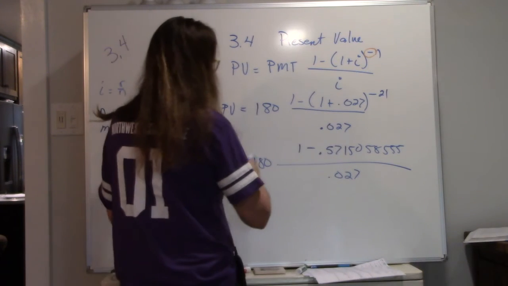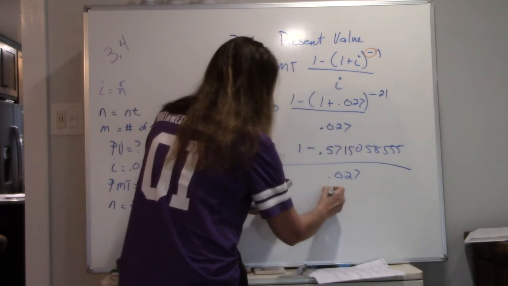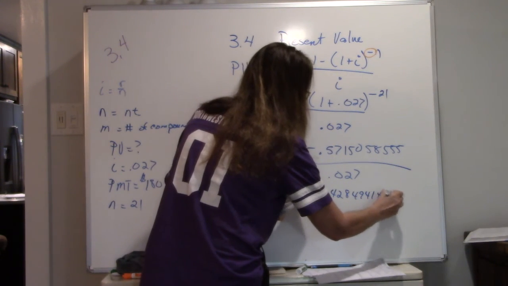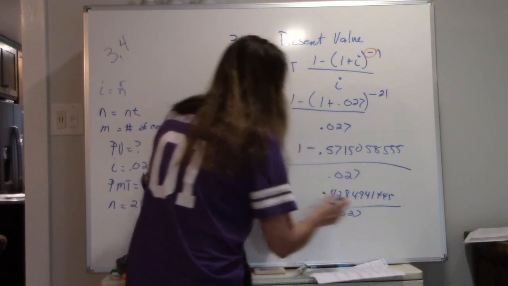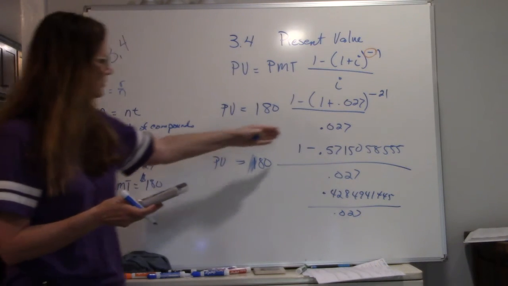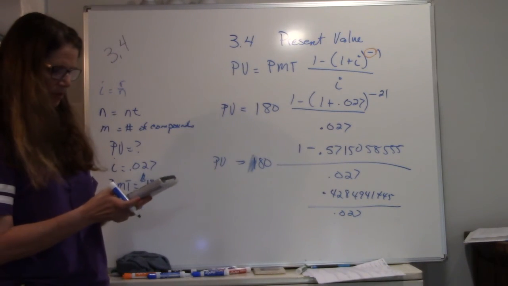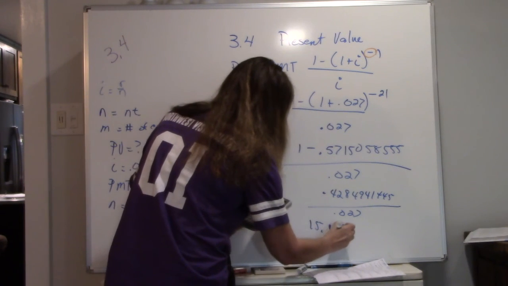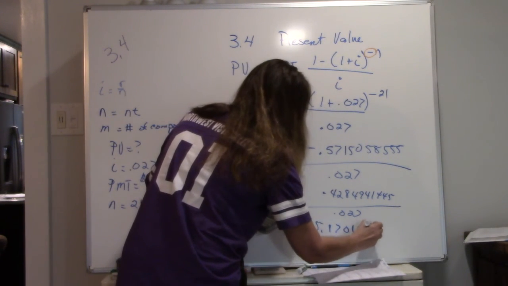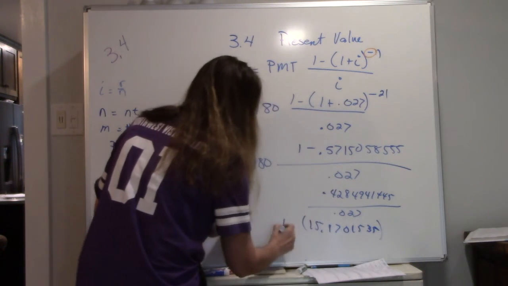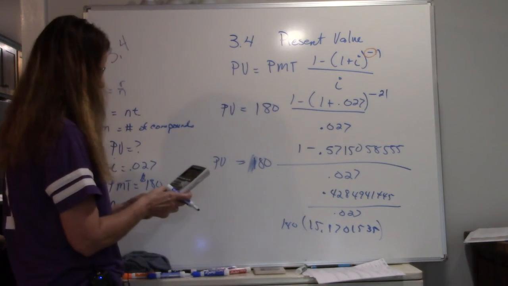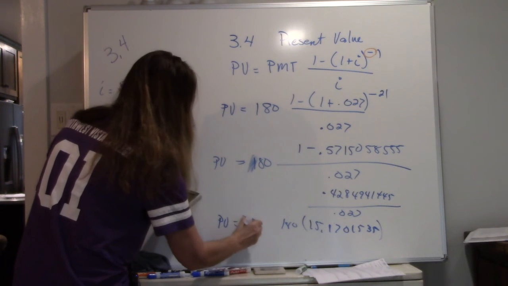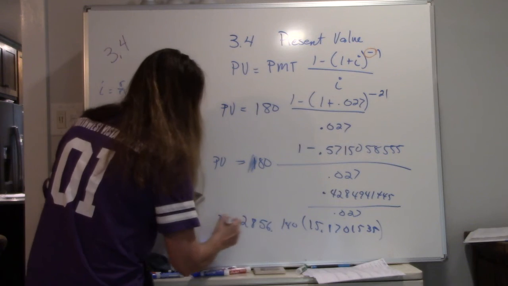So now the top is 0.4284941445 divided by 0.027. So now I'm going to do my division, and I get 15.870153 times my 180. So my present value is 2856. Ooh, I ran out of room.